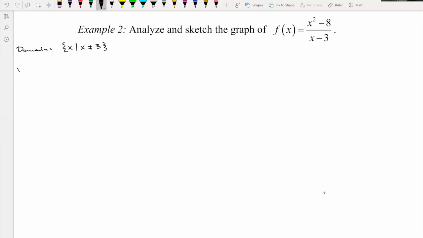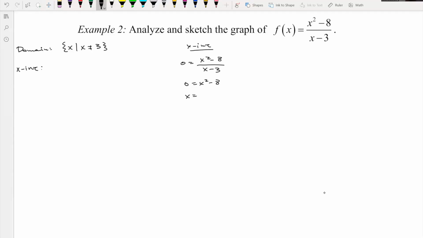We're going to have our x-intercepts. To get x-intercepts, that's where we set y equal to 0. In other words, what's going to make the numerator 0? So for x-intercepts, we have 0 equals x squared minus 8 over x minus 3. The way you make a fraction equal to 0 is just making the top equal to 0.